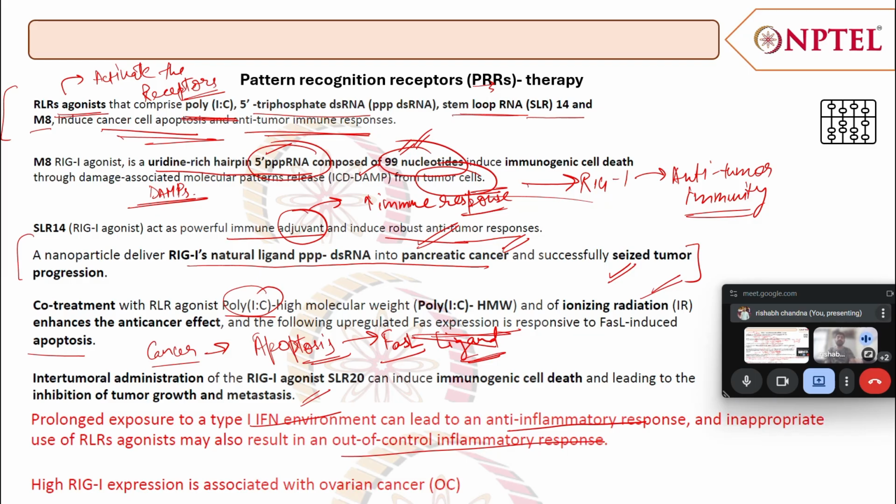Then high RIG1 expression is associated with ovarian cancer. So whenever there is a high expression of RIG1, that is also a receptor, but that is associated with ovarian cancer. So while there are some positive sides, there are also some negative sides that lead to some diseases inside the body. Okay, so if you guys have any doubt, you can ask.